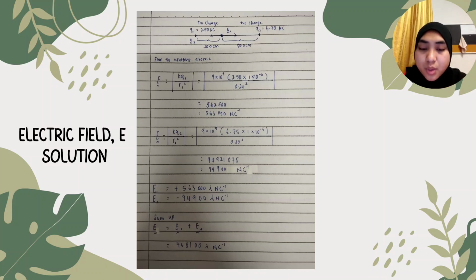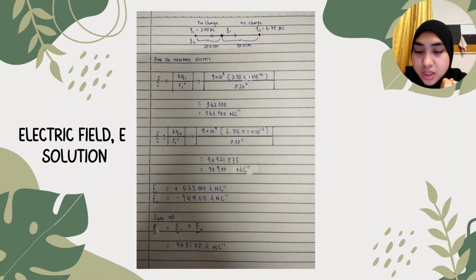Here, I want to point out the positive and negative sign. Why, when both have the same charge, after solving we get two different signs?